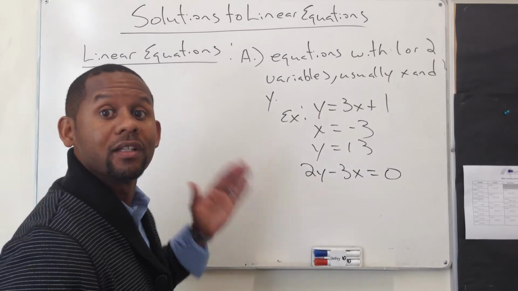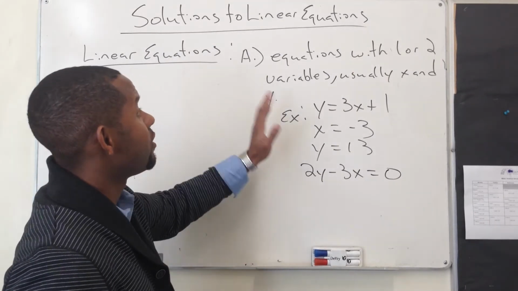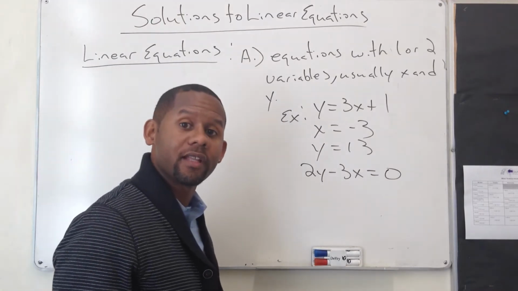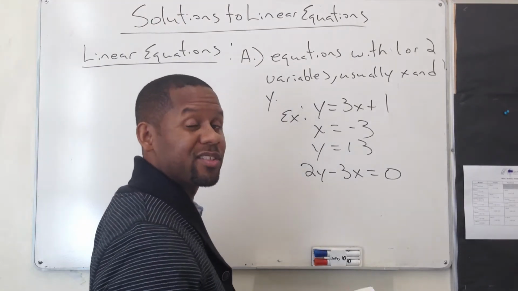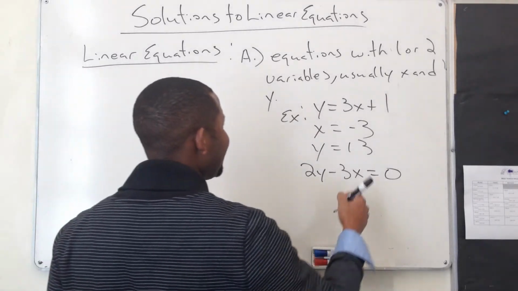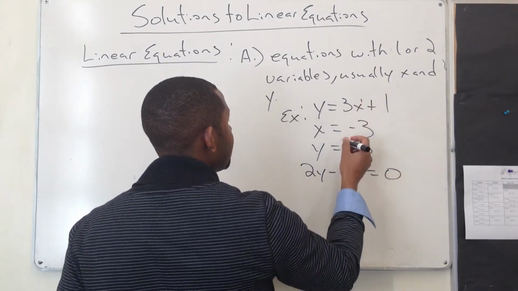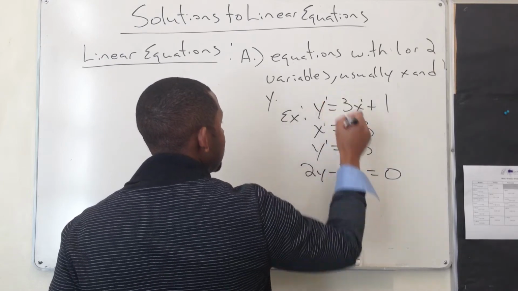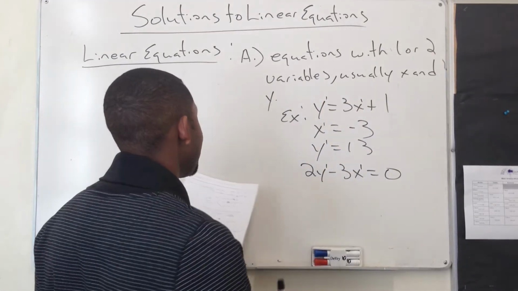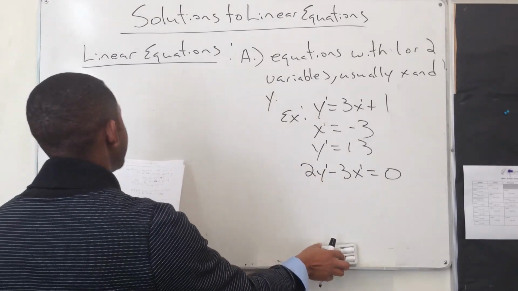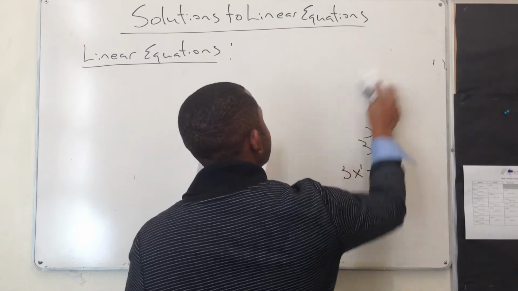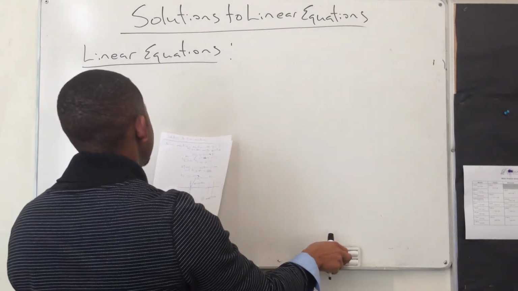All of these are linear equations because they have one or two variables, usually x or y. Sometimes you'll see other letters, but right now, especially when we're talking about graphing, you're going to see x and y. And notice all the variables are to the first power. We'll talk more about that later, but they don't really have any exponents around them. So that's one of the first things that you need to know about linear equations.